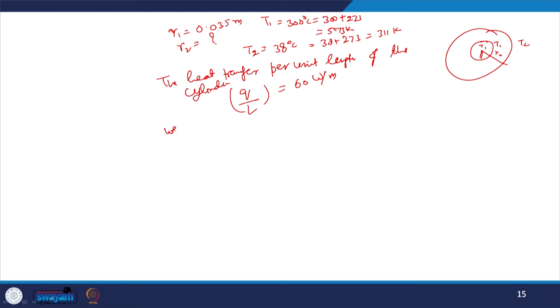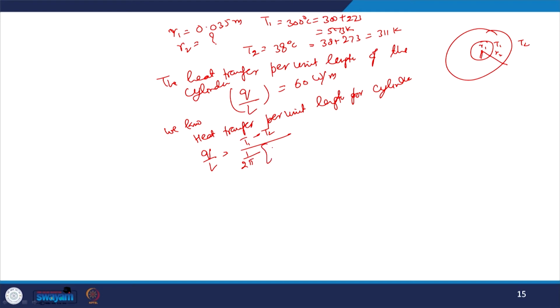So we know the heat transfer per unit length for a cylinder. Q upon L is equal to T1 minus T2 upon 1 upon 2 pi, ln R2 over R1 upon K. That is equation number 1.